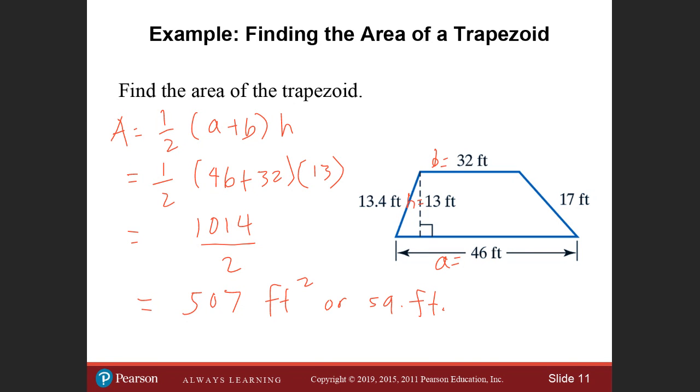Okay, and that's the answer. So think about these examples as just using the formula. So memorize the formula so you can apply that and solve for the area of each of those figures.